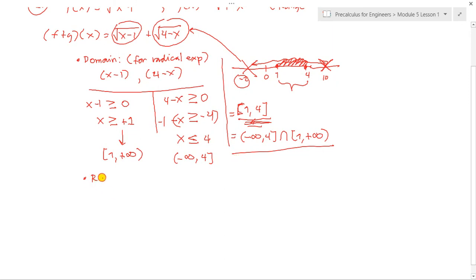How about the range? Since we need to find the range. So our range right here, since this is case number 3, basically we are going to base our answer by using the interval from the domain.